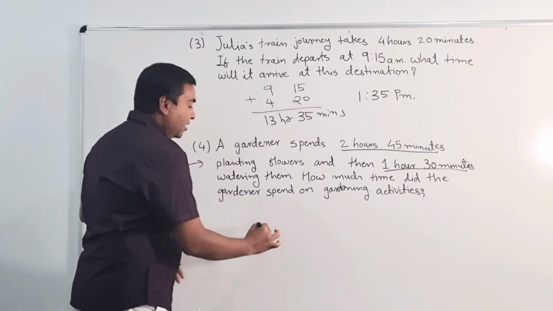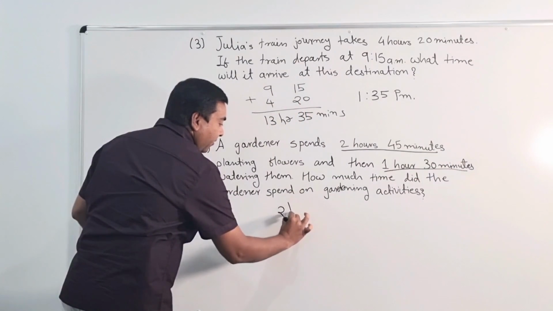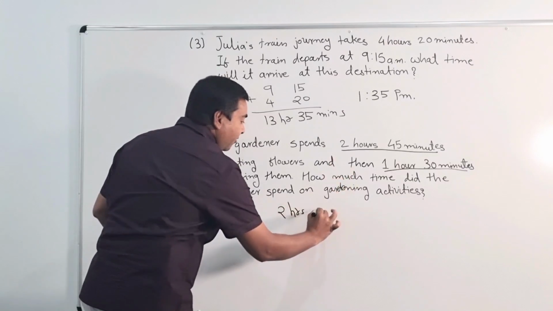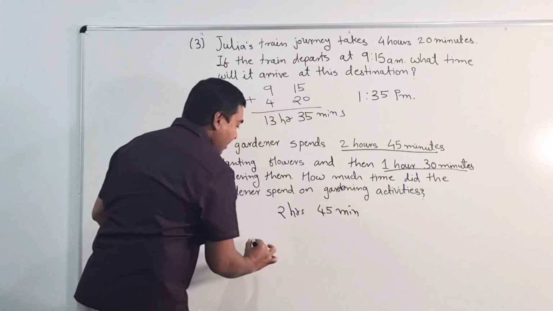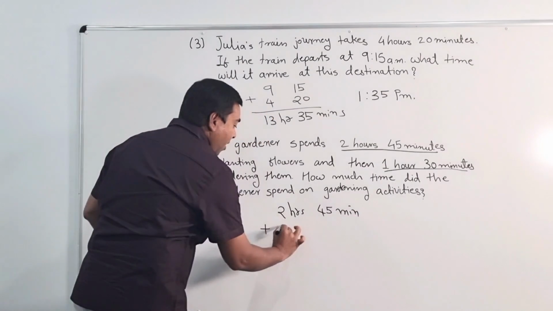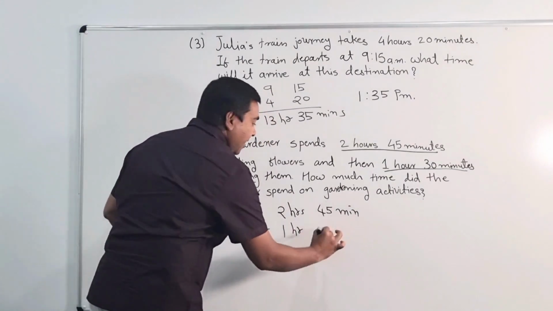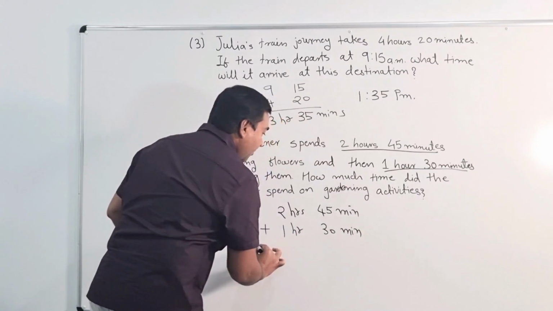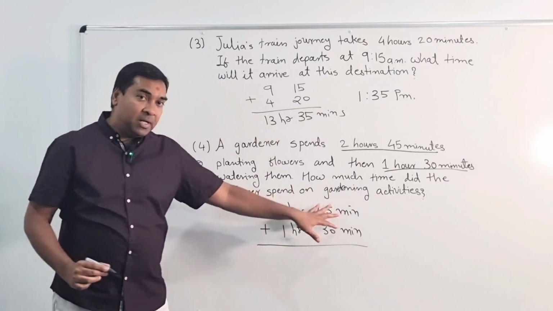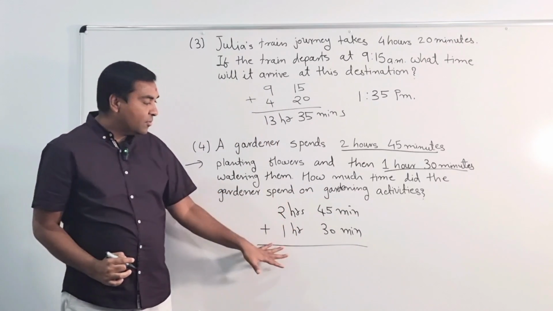I can see 2 hours and 45 minutes, and I'm going to add that to 1 hour and 30 minutes. Whenever I'm adding, I'll be a little bit careful, adding minutes with minutes and hours with hours.